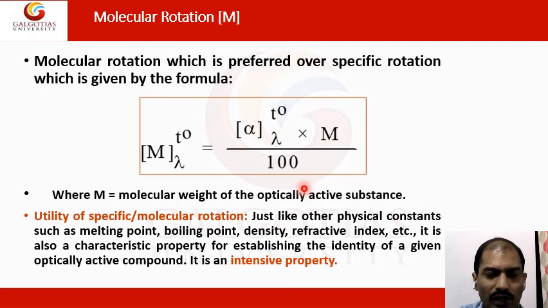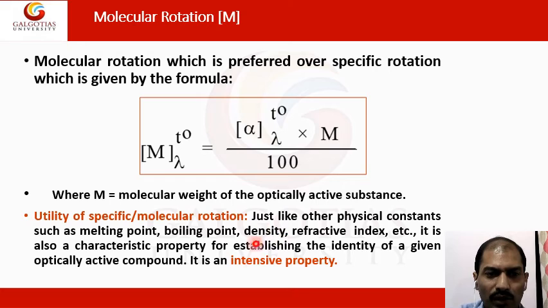What is the meaning of the terms? M here is the molecular weight of the optically active substance. The utility of specific and molecular rotation is just like other physical constants such as melting point, boiling point, density, refractive index, etc. It is also a characteristic property for establishing the identity of an optically active compound, and it is an intensive property.